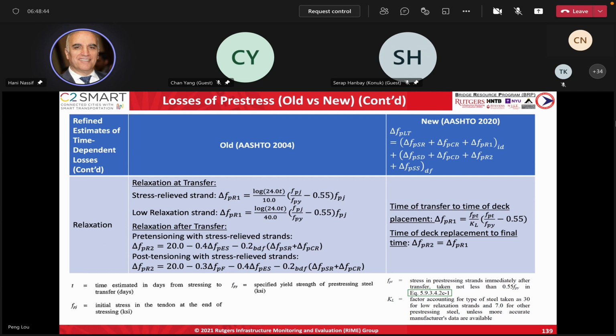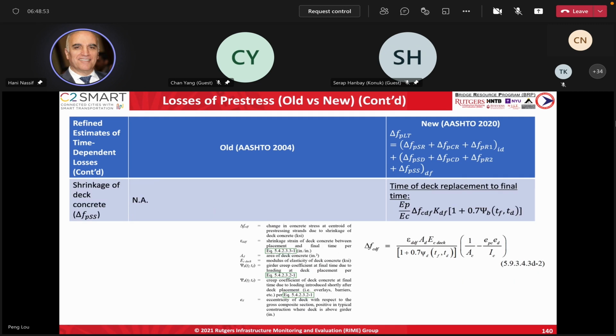But now the deck, which becomes composite with the girder, is going to start shrinking, and you need to know approximately what the age is when the deck has been cast and placed. Those are details that designers might not know exactly, but you have to have some estimate of what would happen.